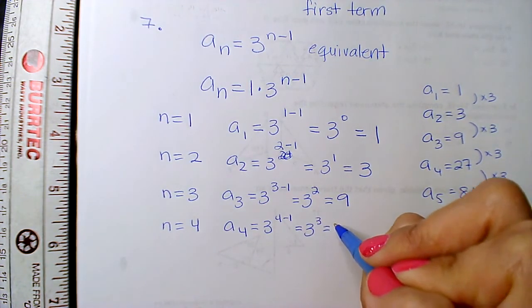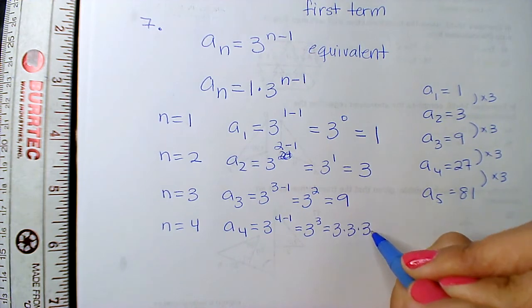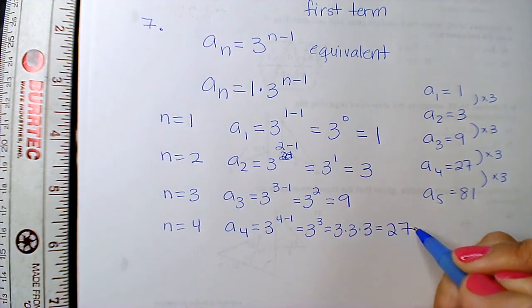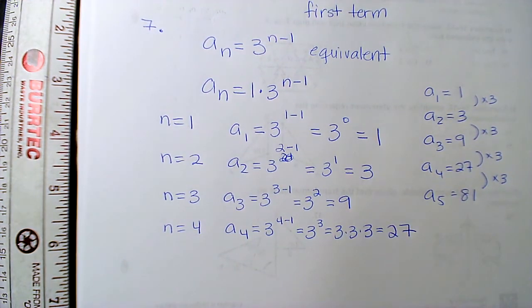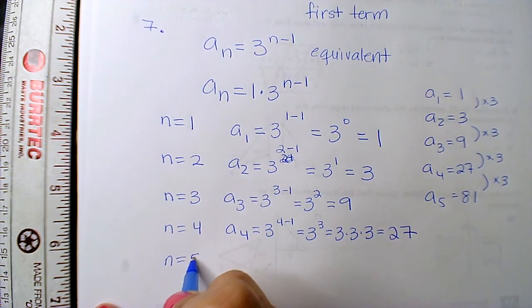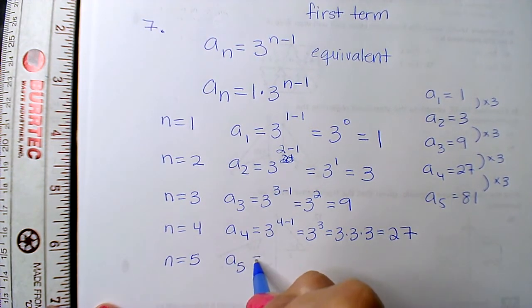And so what's 3 cubed? That's the same thing as 3 times 3 times 3, right? So you can go to your calculator, or just got to know those rules of exponents. Are you guys okay? Yeah, and then let me just write the 5th one, and then we'll find the 8th term, and then I'll stop the video.